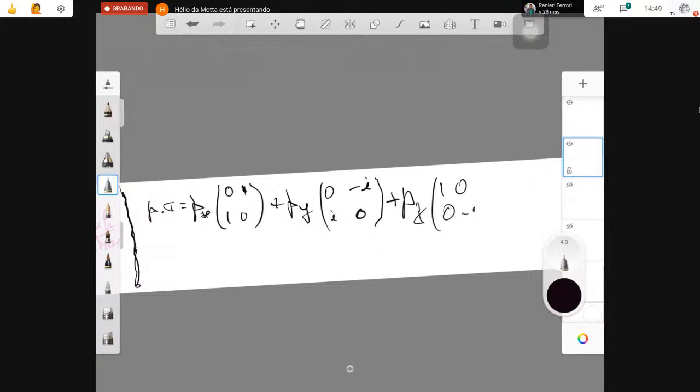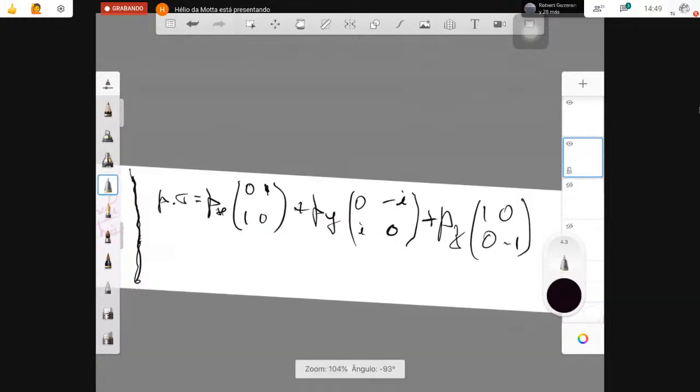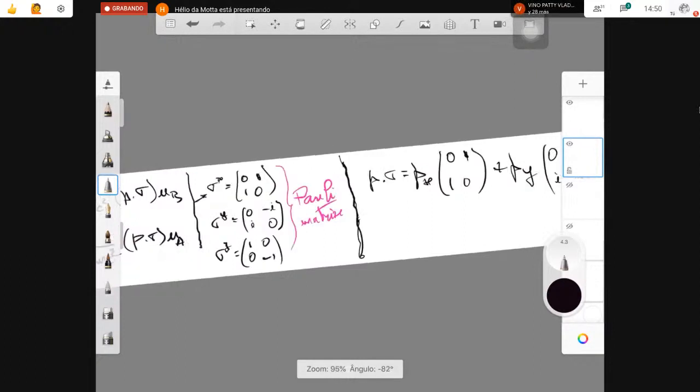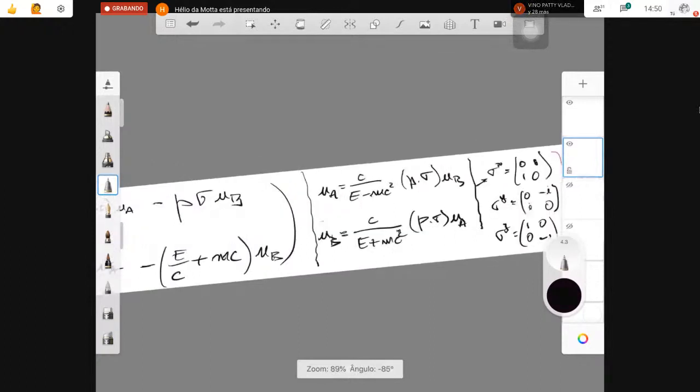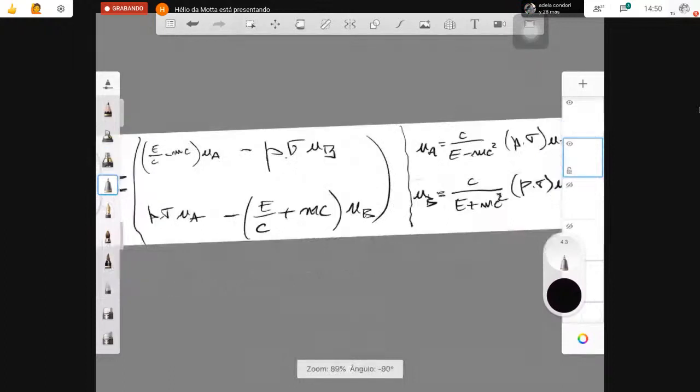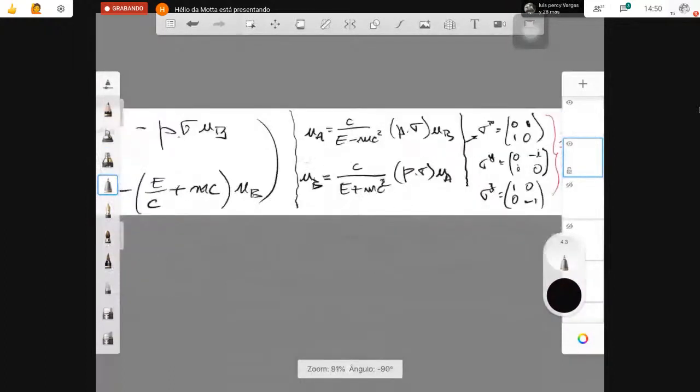So the x component of the momentum is multiplied by the x component of the Pauli matrix, the y component of P is multiplied by the y component, and so on. It's pretty much like a scalar product. You see these as components and operate the same way as you would with vectors in a scalar product.